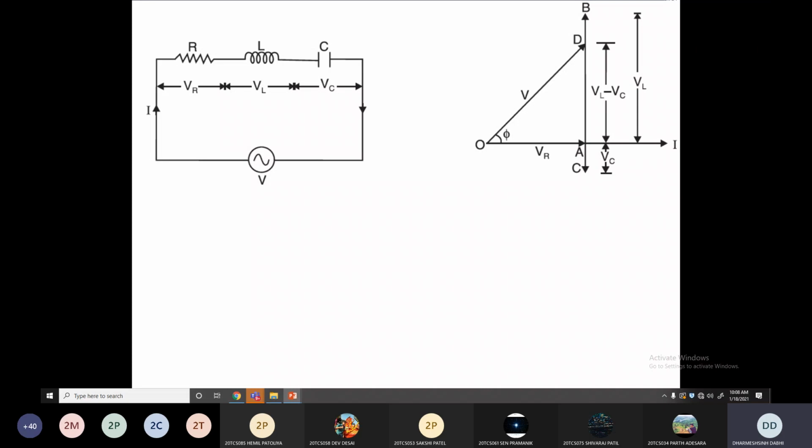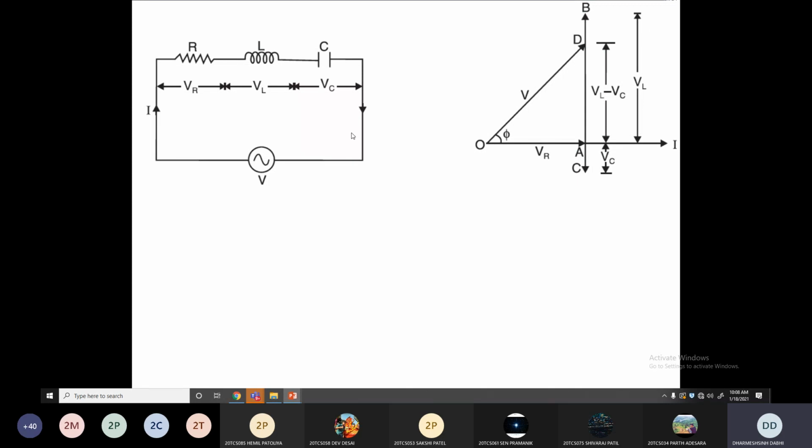So in this circuit we assume that the inductor value is large compared to the capacitor, so the voltage drop across the inductor is more than the voltage across the capacitor. That's why the vector AC, the voltage across the capacitor, is smaller than vector AB, the vector of VL.